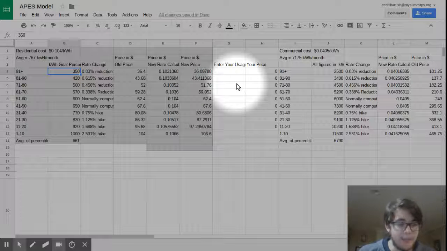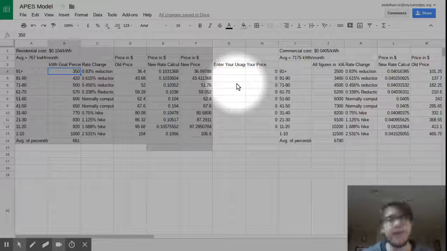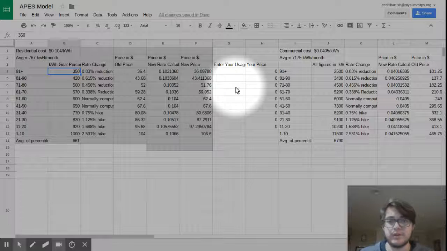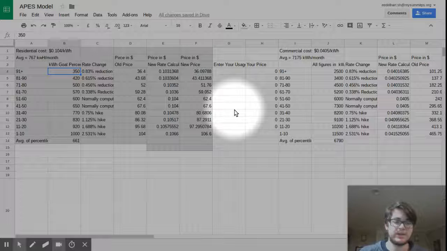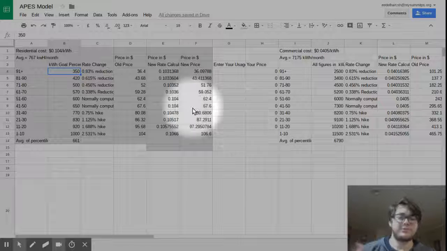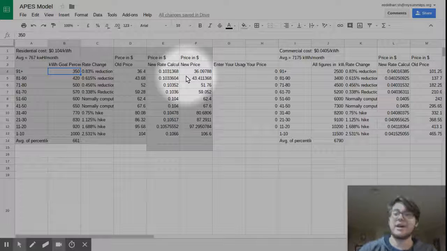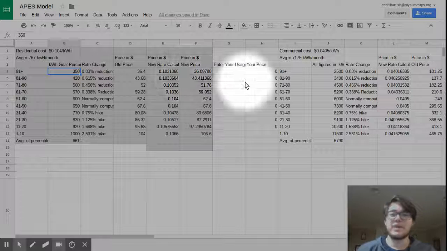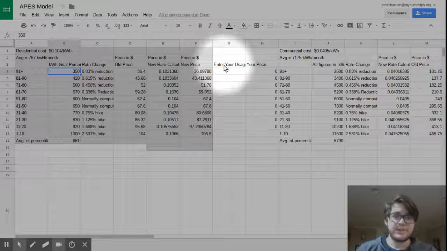So let's say that I'm a resident of Chicago and I use 800 kilowatt hours per year. How would I know my cost? Well, an electric company would have this cost calculator more formally created. It's kind of sloppy right now, but the goal is to get the numbers. You would have a person enter their usage right here.